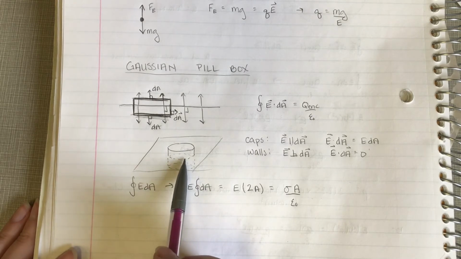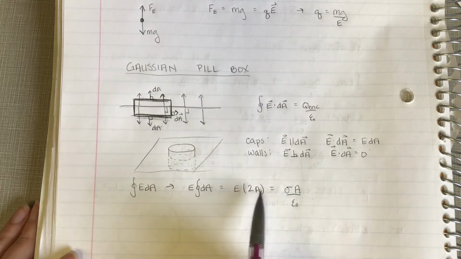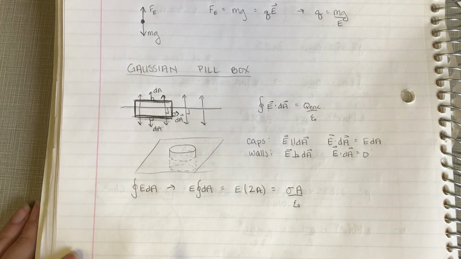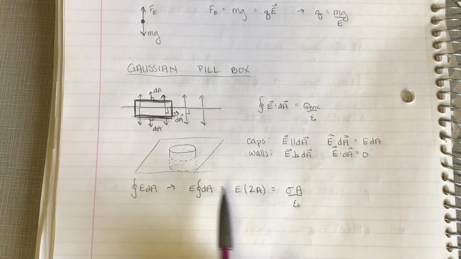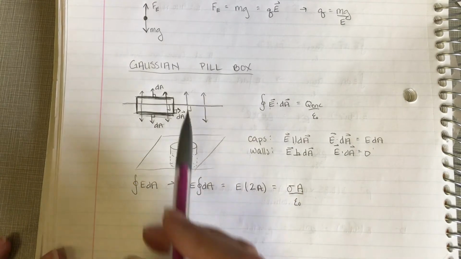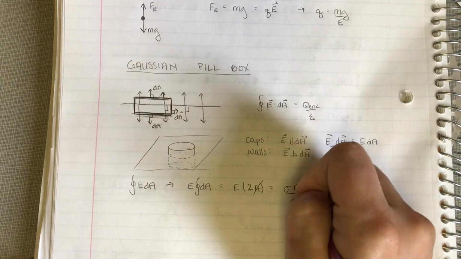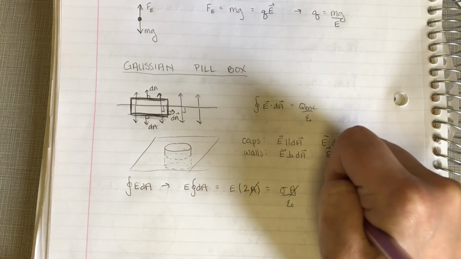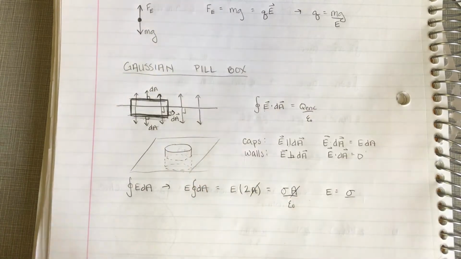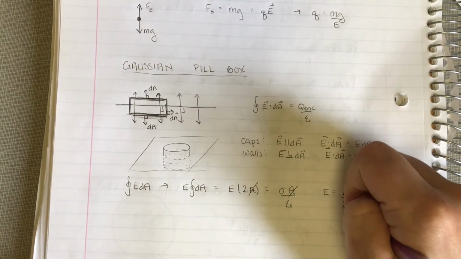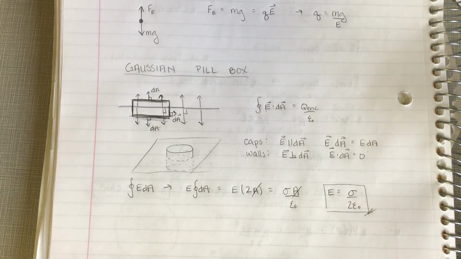There's only one area in this one because there's only one sheet. 2 caps, 1 sheet. So the A doesn't matter. Like I said, you can make this area of your box whatever you want as long as the caps are parallel to the sheet. Alright? So my A's cancel out. My electric field, due to an infinite plane of charge, is sigma over 2 epsilon naught. So that's where that comes from, and you can see that at the end of your chapter.